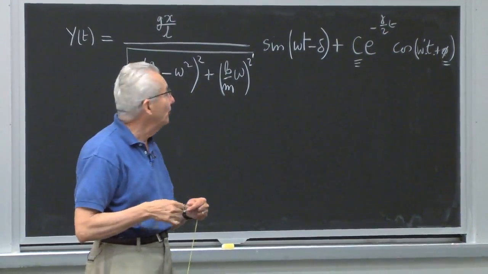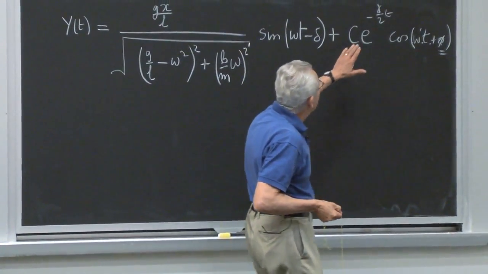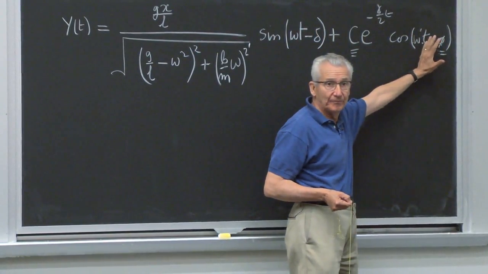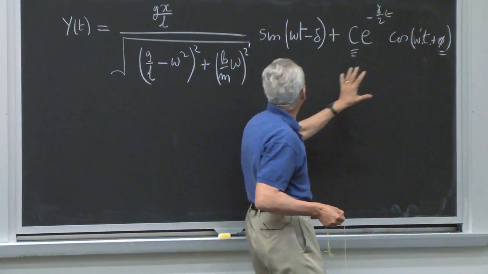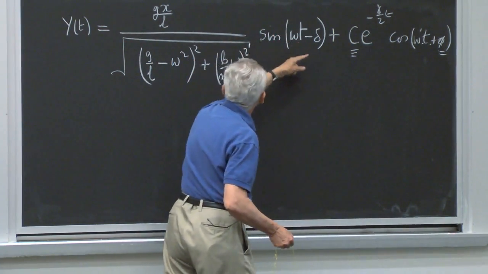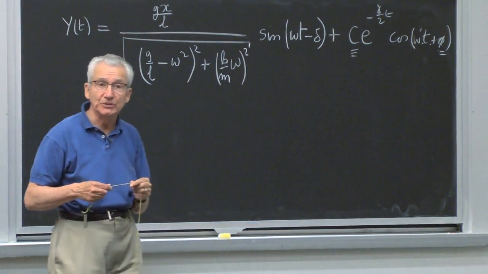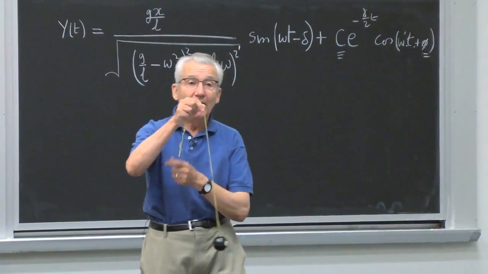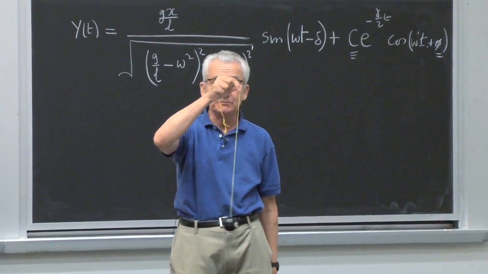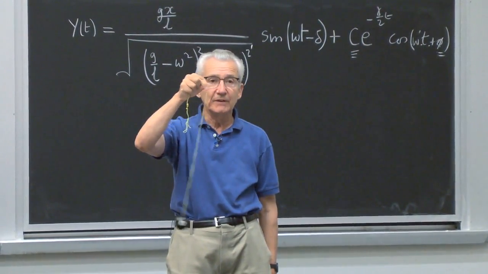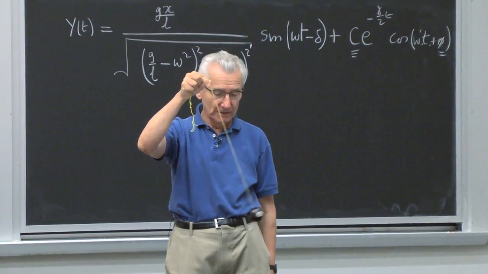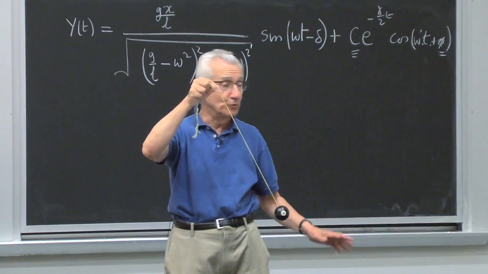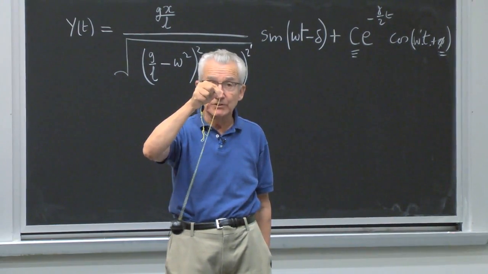As t becomes bigger and bigger, this exponential kills this term, and after a long time, you'll end up with only this term, which is simple sinusoidal motion. Try it for yourself. If I start any old way, and I then move with a given frequency, you'll find this has a constant frequency, some amplitude given by this, and it continues doing this forever.